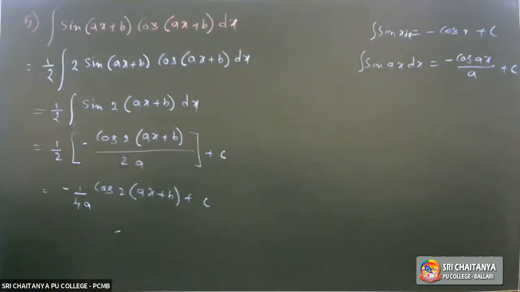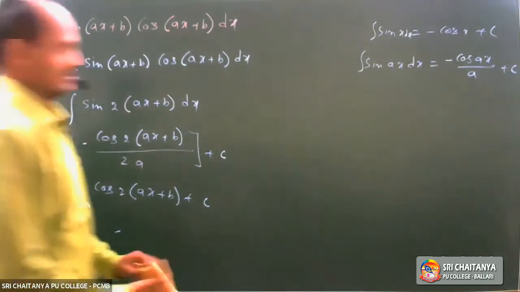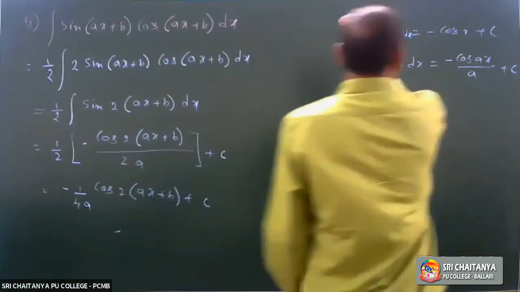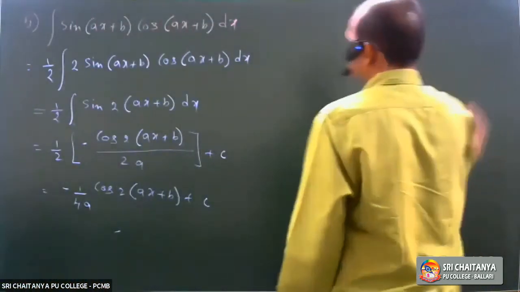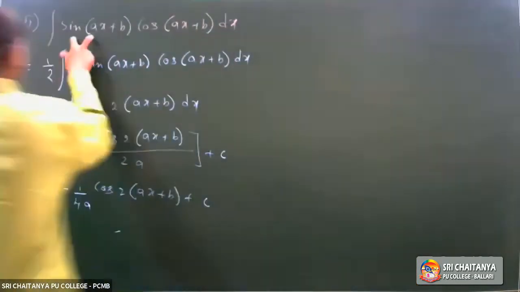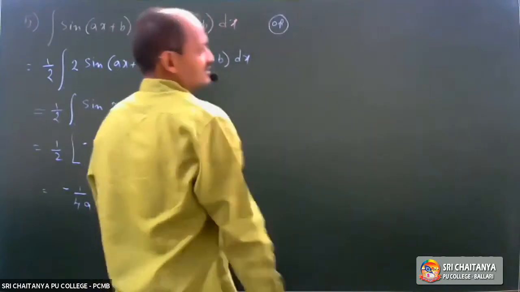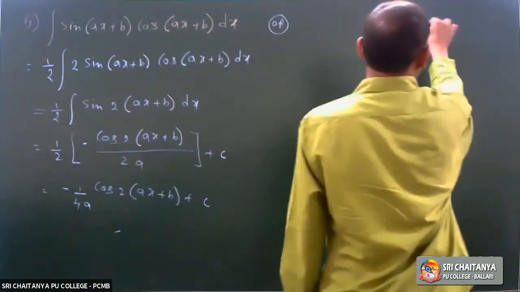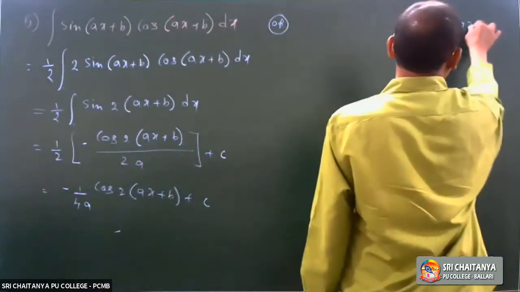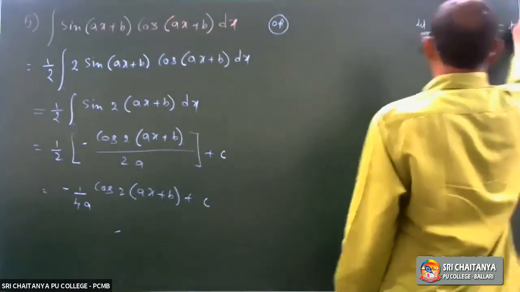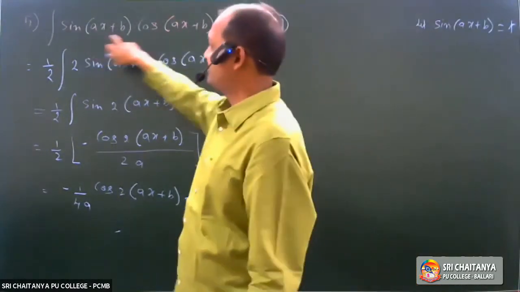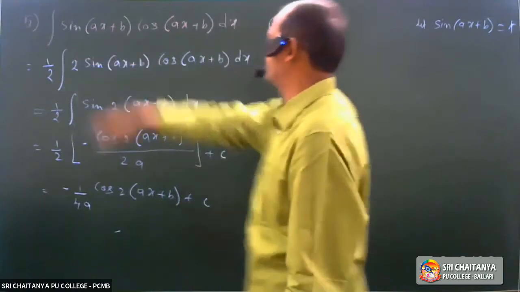For the same problem, we get another answer. For example, sin of ax plus b is considered t. Okay? Or second, let sin of ax plus b be equal to t.